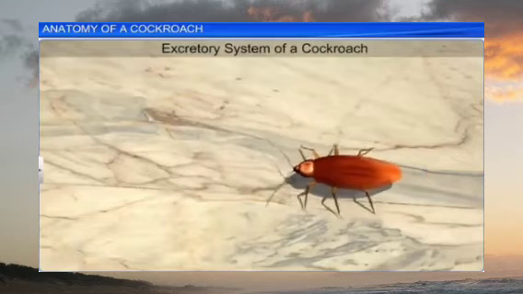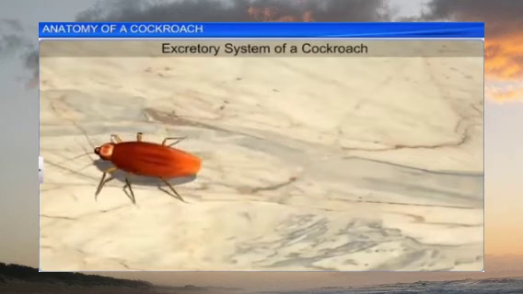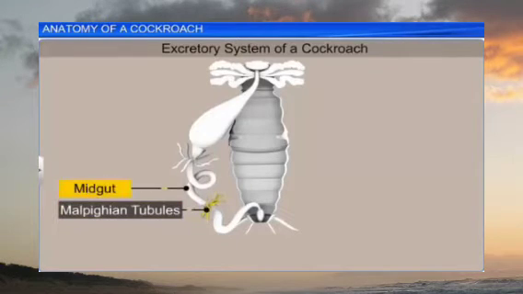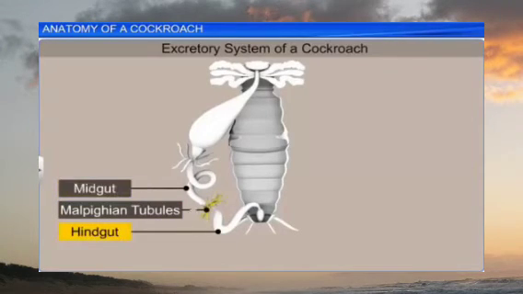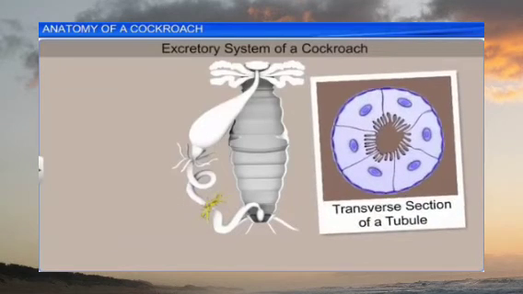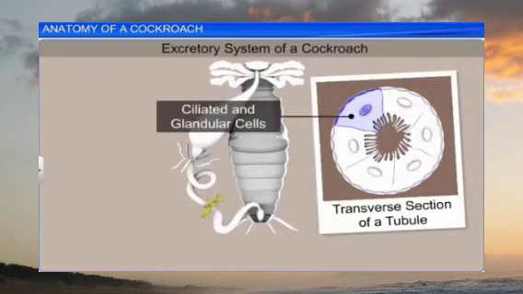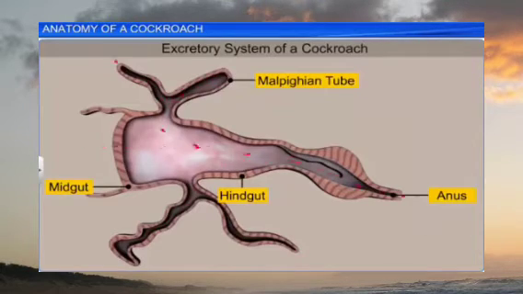The anatomical study also includes the excretory system. In cockroaches, Malpighian tubules situated at the junction of the midgut and hindgut serve as excretory organs. Each tubule is lined with ciliated and glandular cells, which absorb nitrogenous wastes from the body and convert them into uric acid.